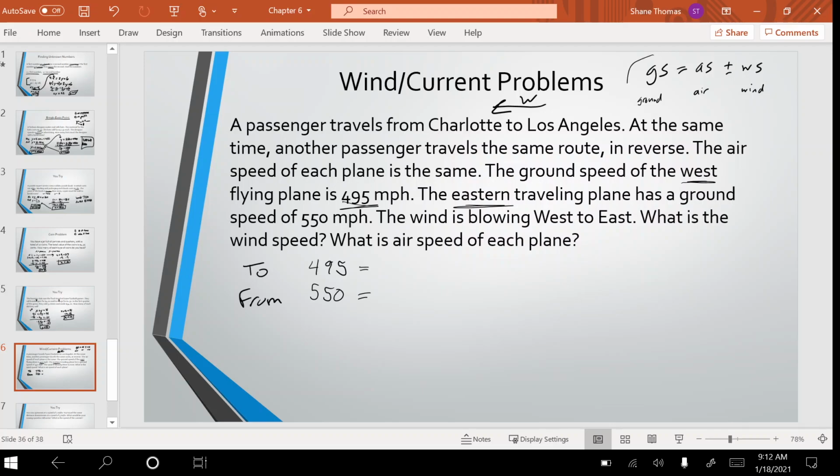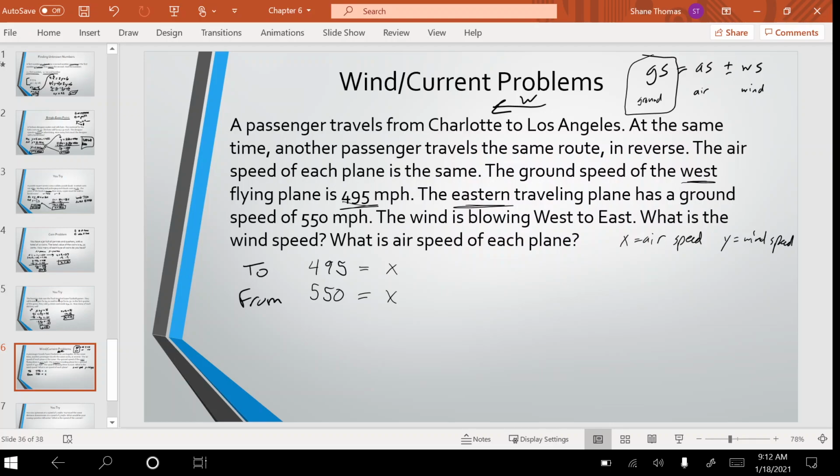That's my ground speed. So we want to find the speed of the plane, the airspeed, as well as the wind speed. The plane is flying the same speed both times, so that's going to be my x. X is my airspeed. And then y, we're going to use as my wind speed.